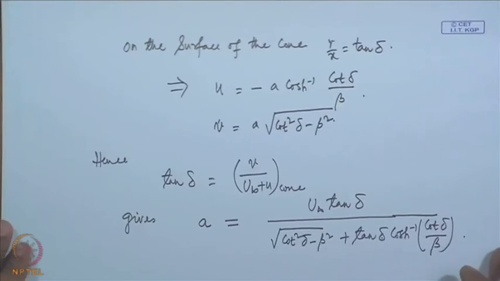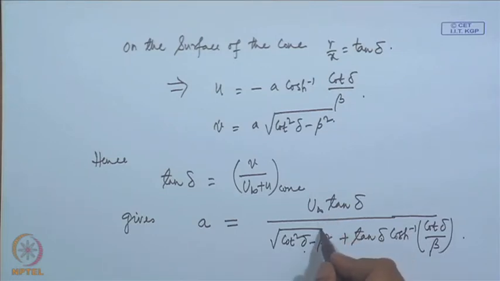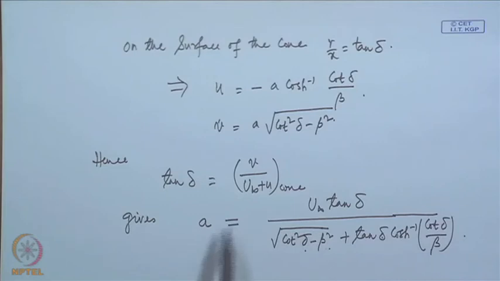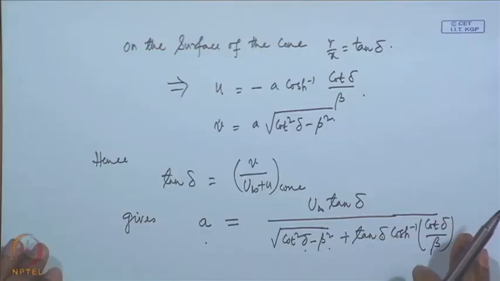So, for a given cone, since delta is known, and for the given flow we know u infinity and M and hence beta, we can find out the value of a, or the required source distribution to obtain the solution of the flow.